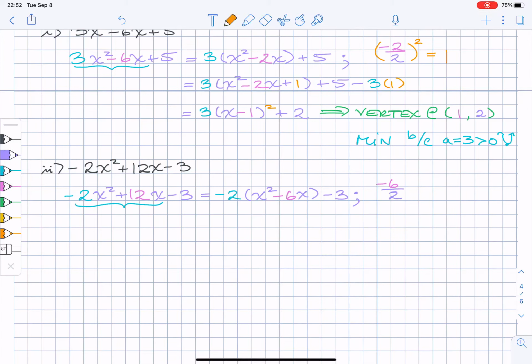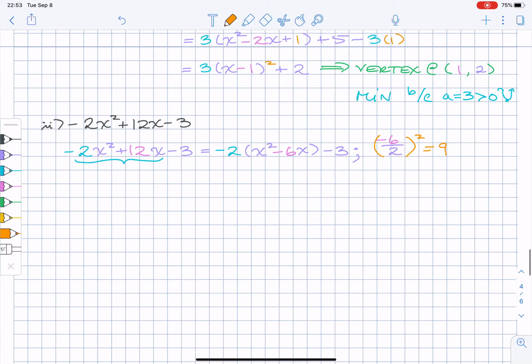And then I square that result. 6 over 2 is 3, 3 squared is 9. So my next step is to add that inside the parentheses. This is now negative 2 times x squared minus 6x plus 9. So what did I really do?